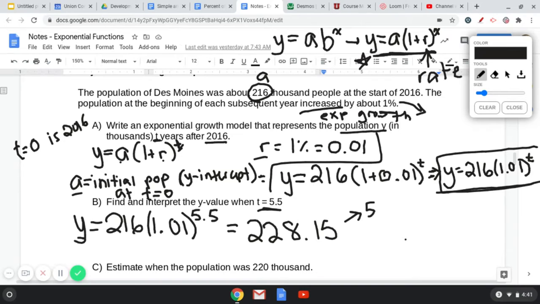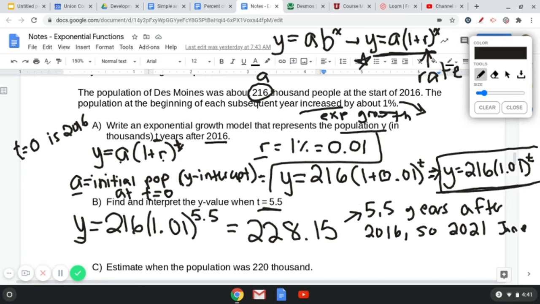Which means 5.5 years after 2016, so 2021 in June, the population will be 228.15 thousand people.